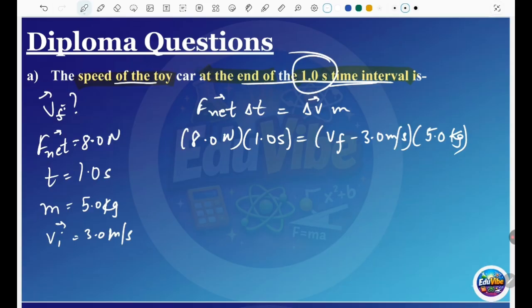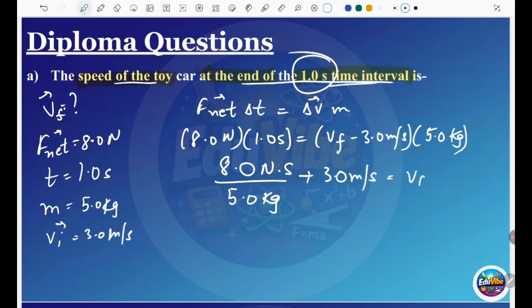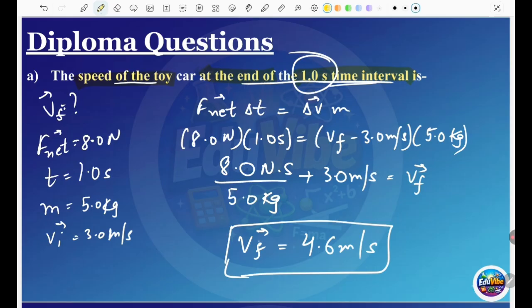When we solve this, we get 8.0 newton seconds equals 5.0 kg times the change in velocity, and adding 3.0 meters per second we get the final, about 4.0 meters per second. This is the final speed of the toy car at the end of 1.0 seconds.